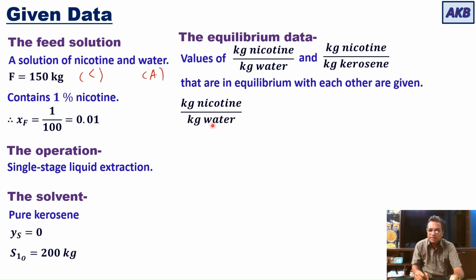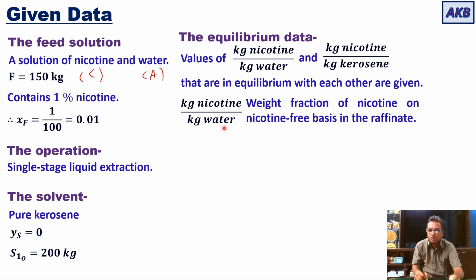Now, if you look at this ratio, kg nicotine per kg water in the raffinate, it is the weight fraction of nicotine on nicotine-free basis in the raffinate, because in the denominator there is no consideration of nicotine.